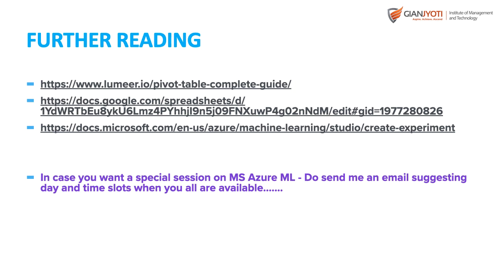So this is a good guide on pivot tables. The second one is on Google Sheets, the link which I provided, so you can go there and check the basics about the pivot tables using Google Sheets. And the third one, I would recommend all of you to go, where you can create your experiments, and it will help step by step how to use Azure ML for creating your experiments.